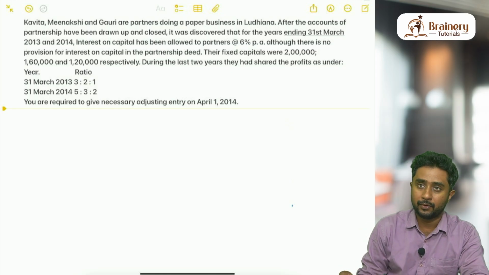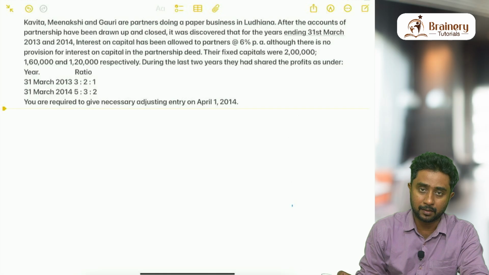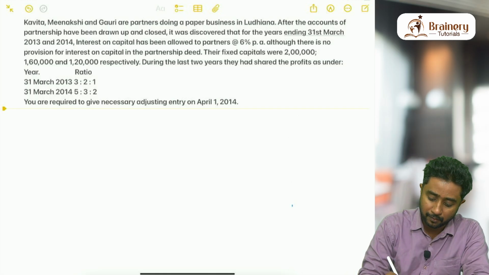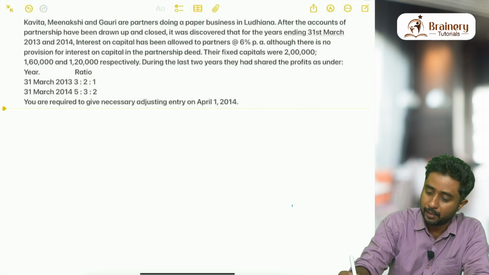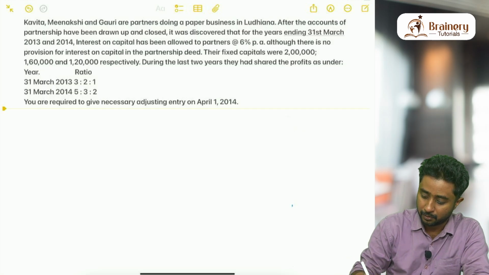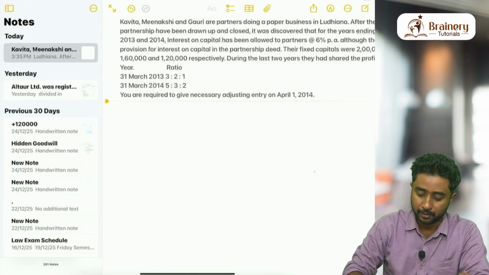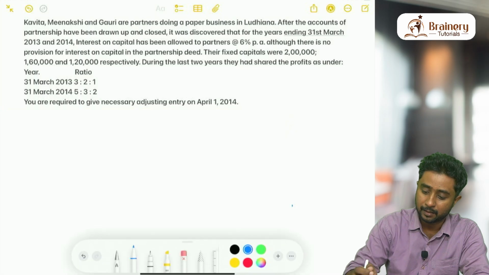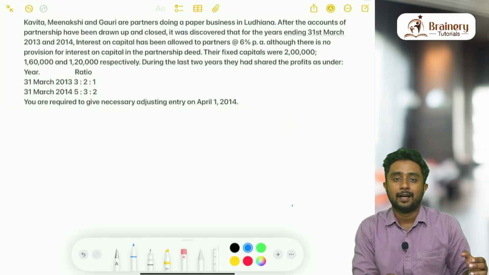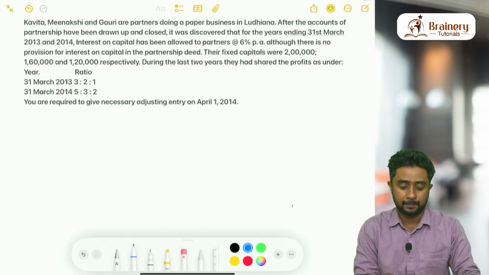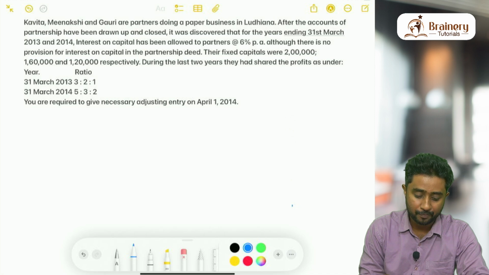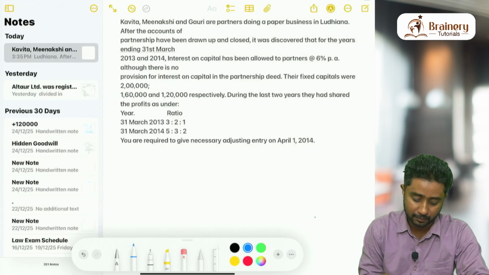That is the reason why I chose this question for today's discussion. Here the profit sharing ratios that they have used are correct only, but the problem is when they divided the profit, obviously only the divisible profit will be divided among the partners. So how to calculate the divisible profit?